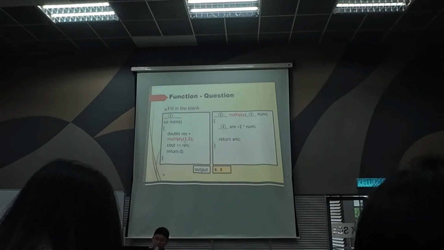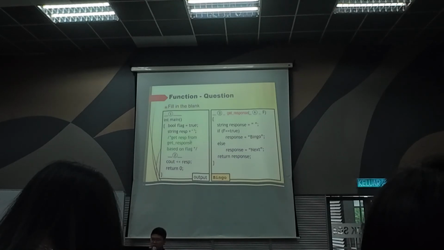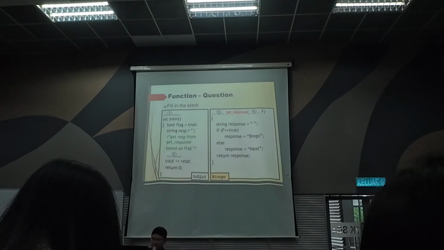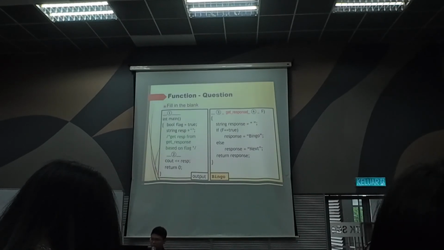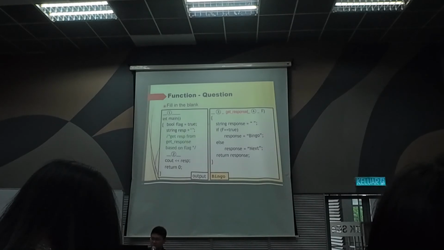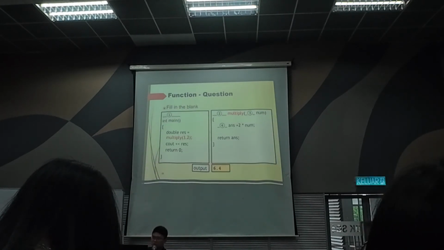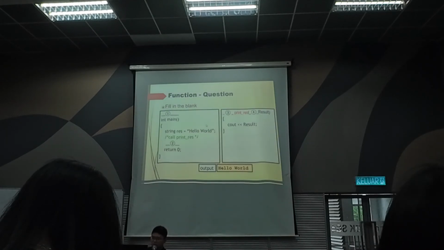So you're passing the value, the parameter, into the multiply function here. Okay? And for the next one, I'll let you do it. Same thing, you just put in what you need, fill in the blank, 1, 2, 3, 4. This is actually a string, I'll just give you a hint. So same thing, we have a lot of questions here. I already finished one, and you go and try this one.